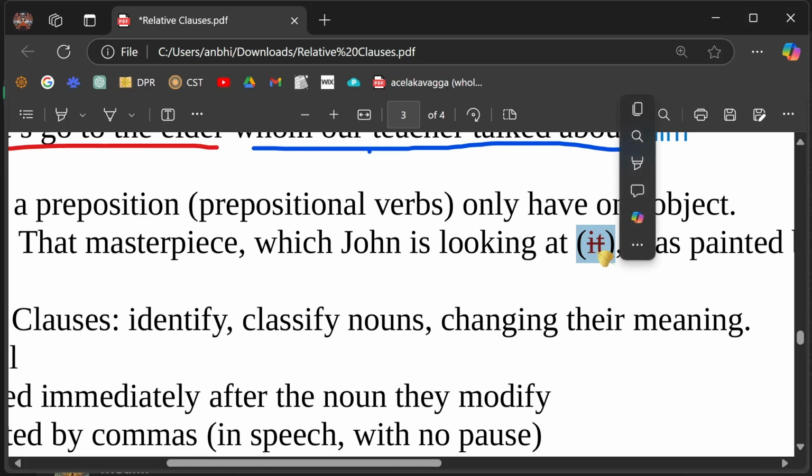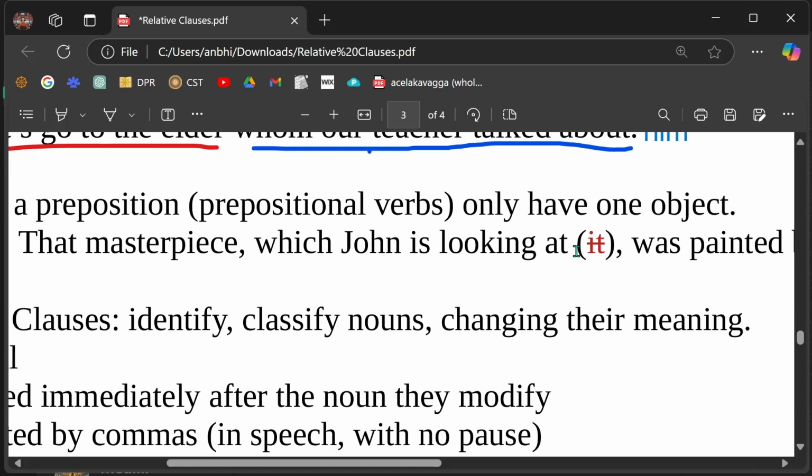Looking at. Yeah, you stop. You need an object, look at what? But the object is here, you see? It's already clear from which. So is looking at something, yes, but this something here in this sentence is here, okay? So which John is looking at. Stop.